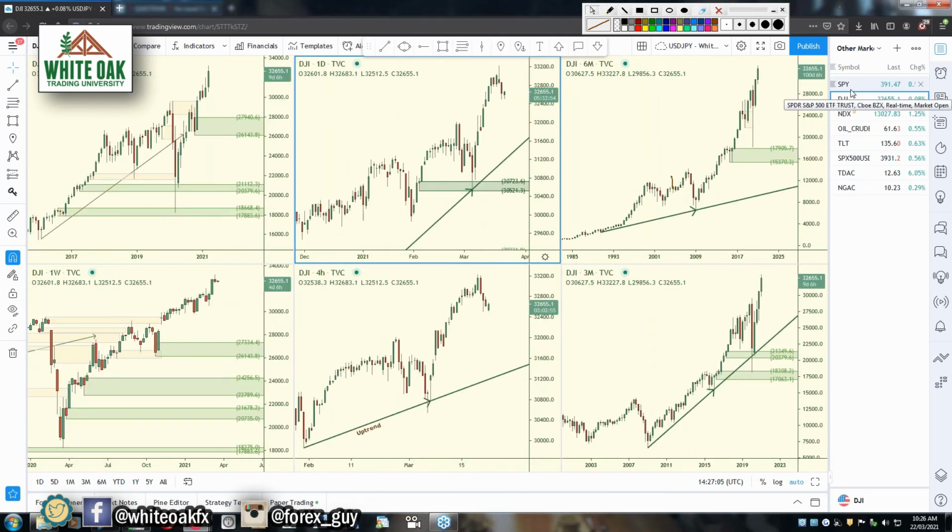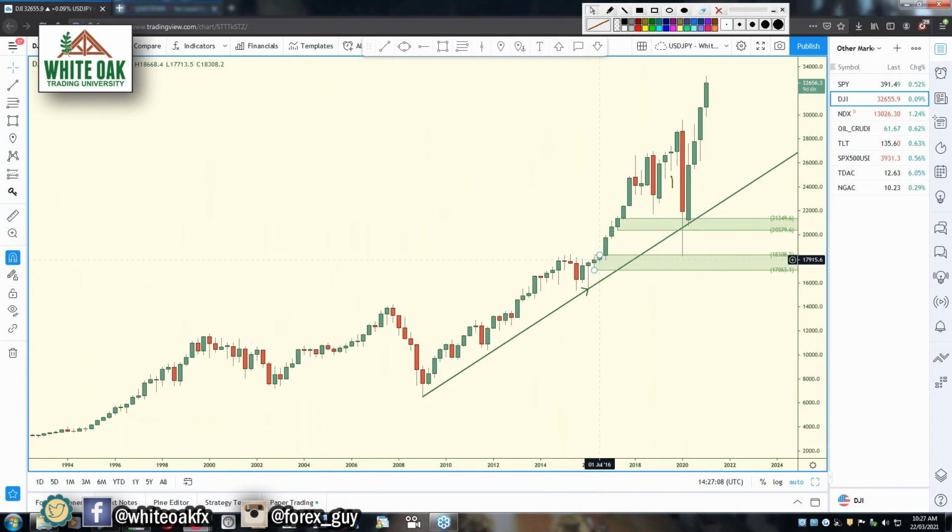3-month demand, created by the banks, taking price to all-time highs. Price comes down, emotionally travels all the way down here, exactly to the area of buying where the banks were filling in orders. That's no coincidence.